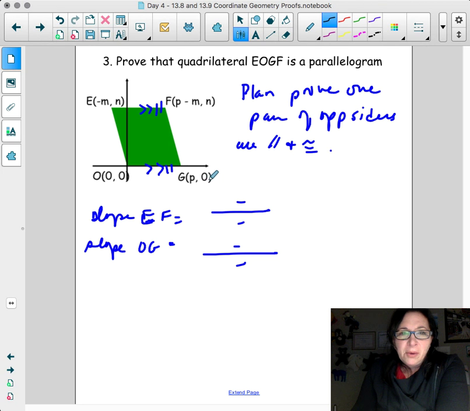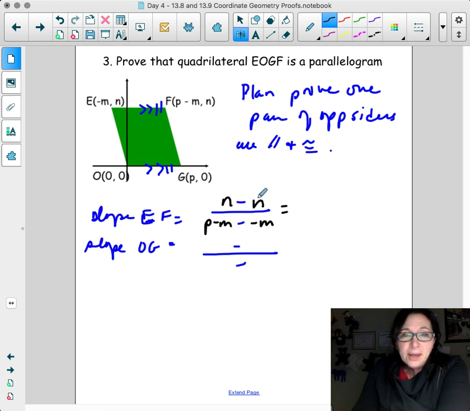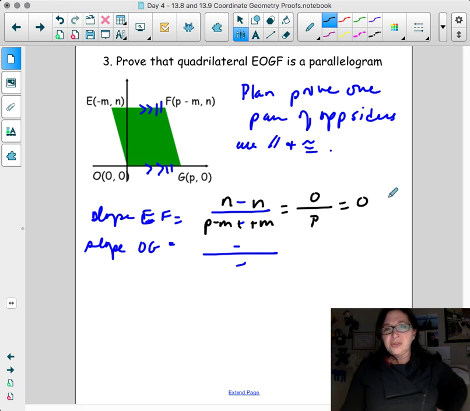So this is EF: N minus N, over P minus M minus negative M. N minus N is 0, and negative M, these two make plus, so negative M plus M cancel. So I just have 0 over P. 0 divided by anything is 0.